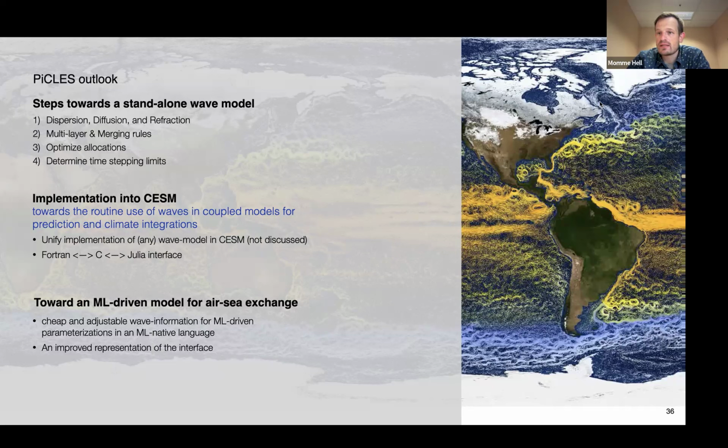And that's where I think Pickles can be of use. Having here the same skill as WaveWatch on the synoptic scale, like for Surfline or whatever, I don't know if we will get there.